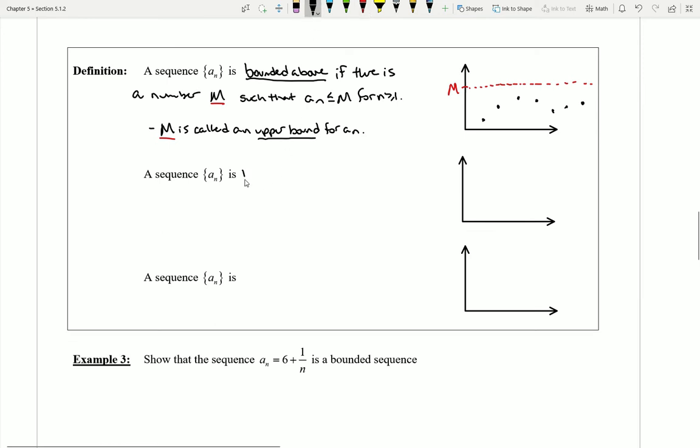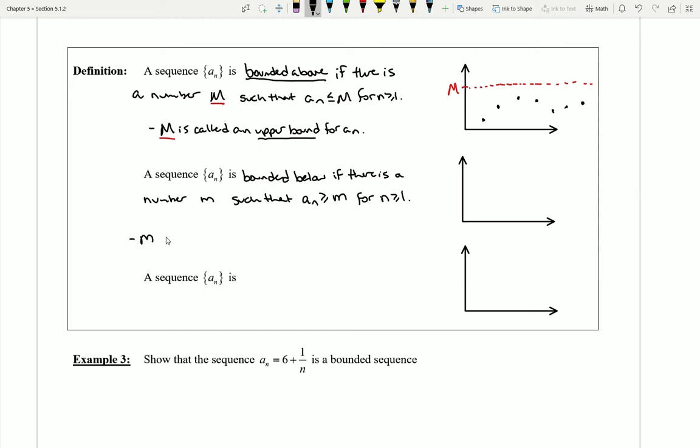In a similar way, we could say that a sequence can be called bounded below if there is a number, let's call it little m, such that A sub n is greater than or equal to little m for all n values 1 and greater.